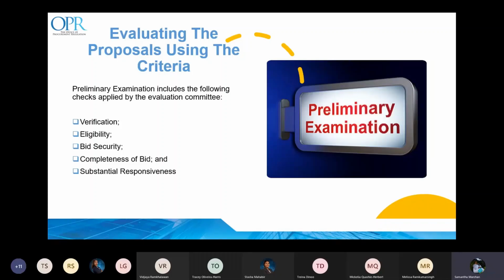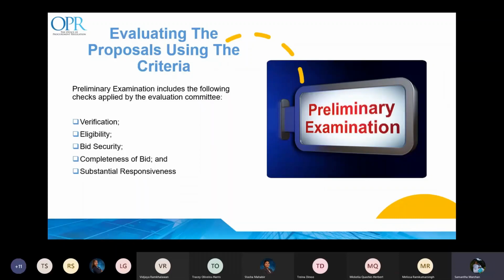Material deviations are those that affect the scope, quality, or performance of work, supply of goods or services. Those that are inconsistent with the bidding documents, the project owner or procuring entity's rights, or the bidder's obligation under the contract, or those deviations that affect unfairly the competitive position of other bidders presenting responsive bids.